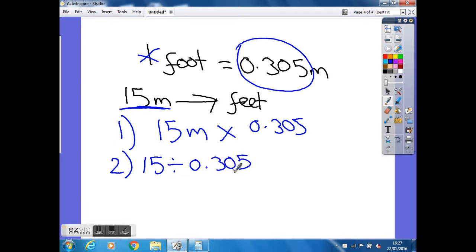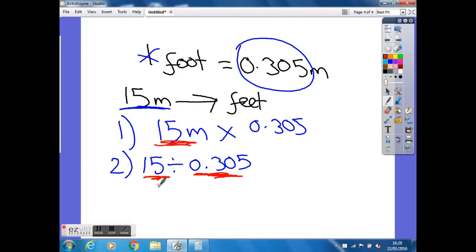And just while we're on that, make sure that the 15 side always comes first when we divide by the 0.305, because if we do it the opposite way round, 0.305 divided by 15, we'll get a very different and a much smaller number. So it's important that this number always comes first when we're doing divides.